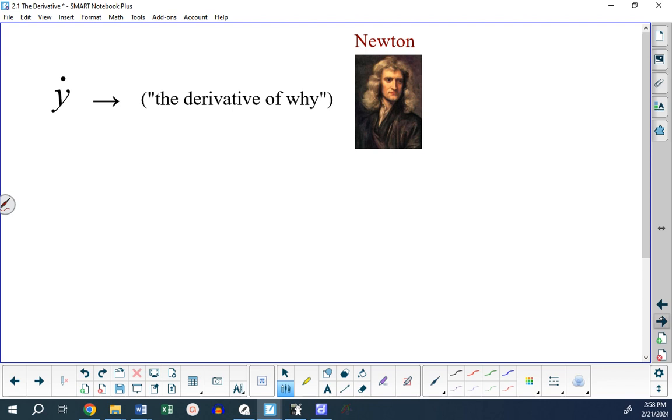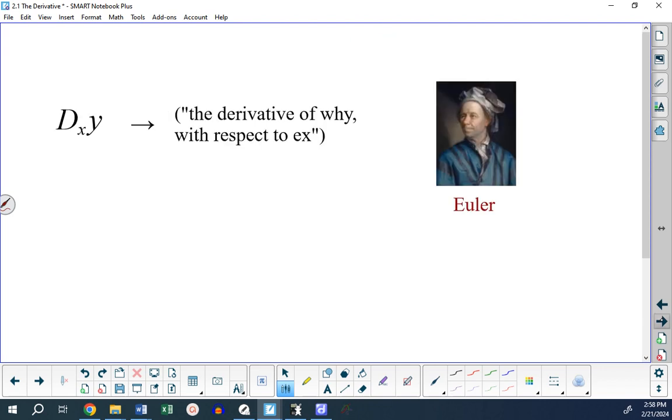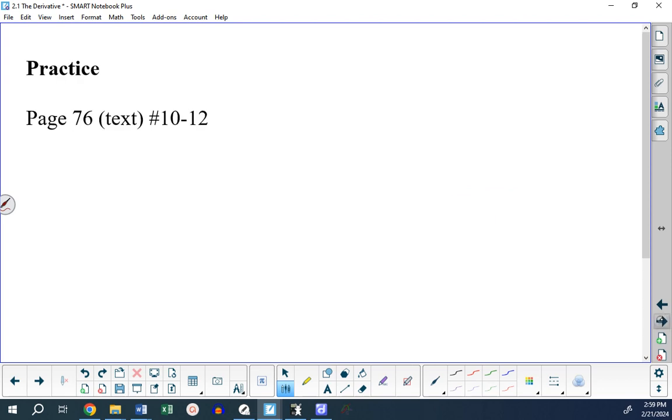Outside of the odd 80-year-old engineer, I don't know anybody that uses this to mean the derivative. Imagine missing that prime and then somebody goes y and they put a little dot over it. It's pretty risky. This is still used, but it's not used in high school. It means the derivative of y with respect to x. I will never use it. Okay? And that's Euler, Leonhard Euler.